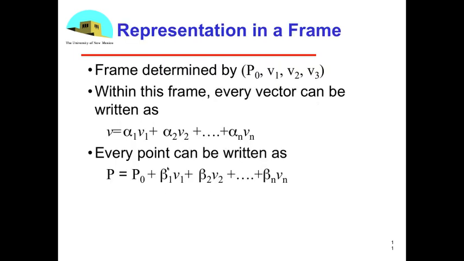So I get this statement down here, that every point is the origin plus a vector, and that vector is written, I'll use betas now instead of alphas so we don't confuse the two, as some constant beta 1 times v1 plus beta 2 times v2, and in 3 dimensions, beta 3 times v3.